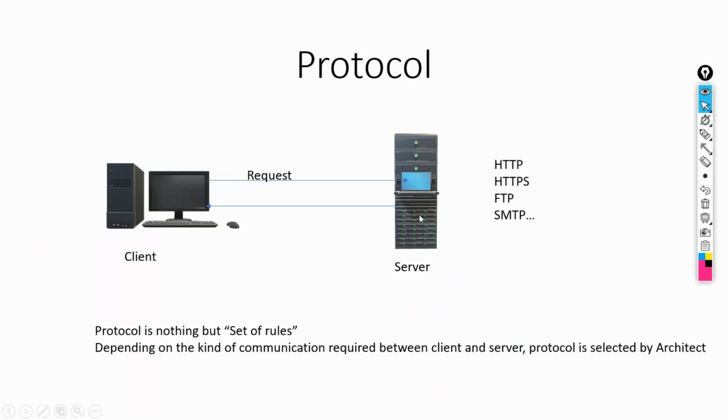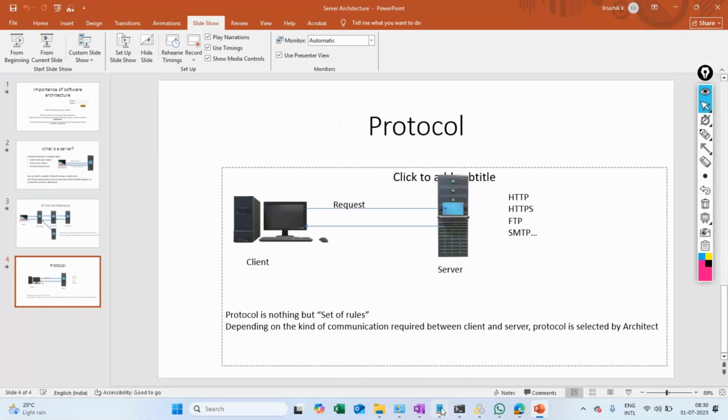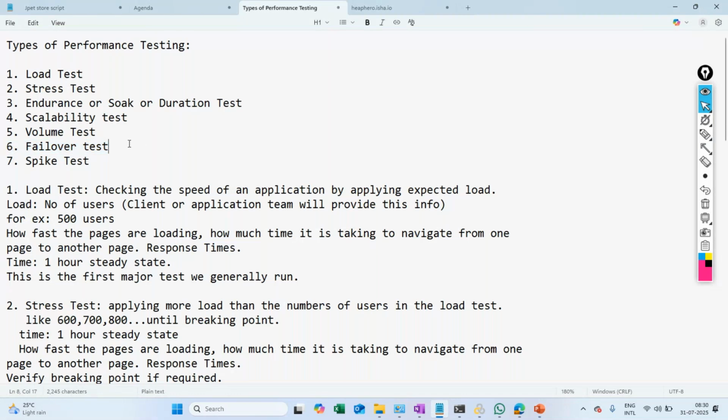Okay. So now let's try to understand failover testing, which was pending from yesterday. Now that we know the meaning of server, application server and so on, let's understand it this way. I'll tell you how to do a failover test, which will make it easy to understand.